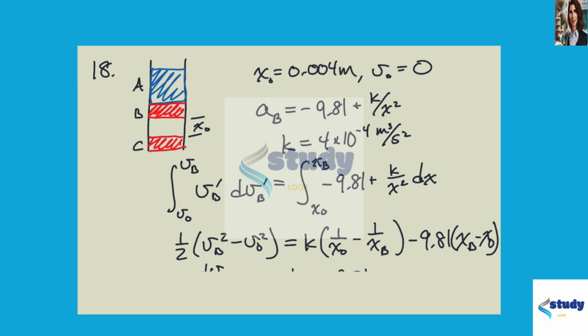So we have x naught and v naught from here, and we know what k is. So this actually gives us an expression for the velocity of this magnet in terms of its displacement.